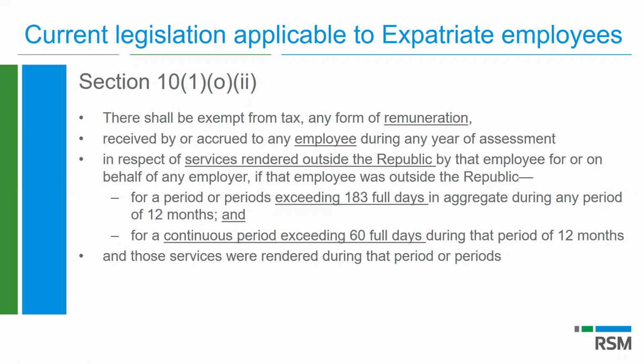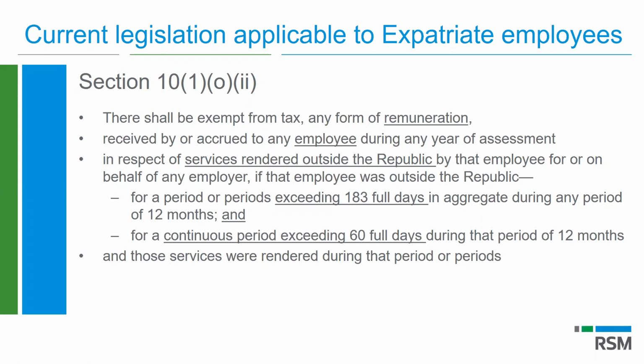And then the final aspect is that the services were rendered to earn that remuneration during those periods outside the Republic. So this is all the very fixed criteria to be met so as to qualify for that remuneration related to the time worked outside of South Africa to be exempt from income tax in South Africa. And just to break it down, it sometimes helps with a simplistic example.